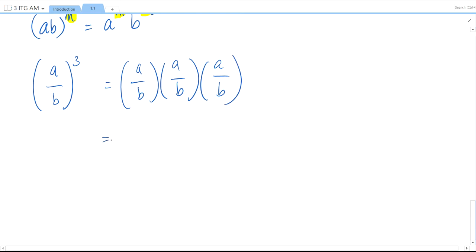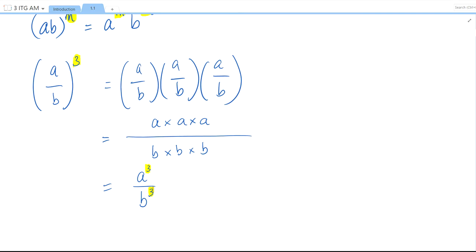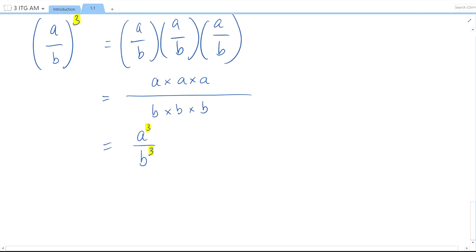So fraction multiplied by fraction multiplied by fraction can be simplified to a big fraction with the numerators all multiplied together and the denominators multiplied together, giving us a to the power of 3 over b to the power of 3. Again, these are the same powers. So without doing another example, I'll show you the general form. Our 5th law of indices: a over b power n equals a power n over b to the power of n.